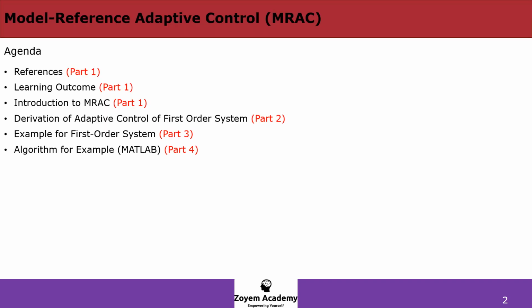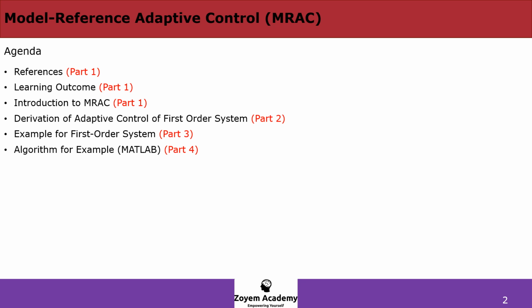Okay, so like I mentioned earlier, we will be breaking this video series into 4 different parts, right? The first part is going to mostly focus on the introduction to what model reference adaptive control is, also named MRAC. That's the name I will be mostly using going forward. The second part is going to be on the derivation of adaptive control for first order systems.